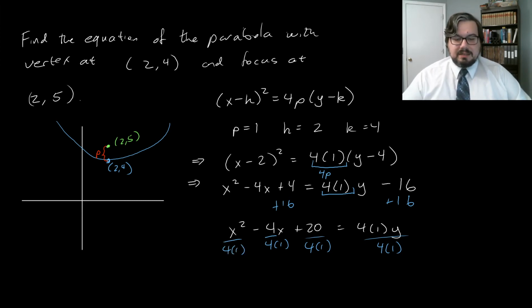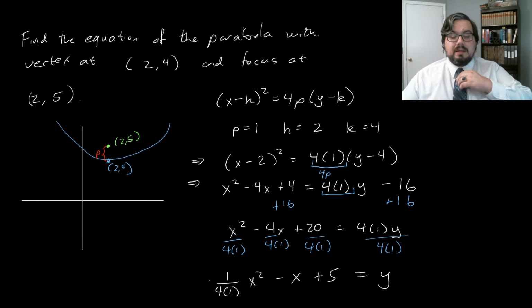And we will get 1 over 4 times 1 times x squared minus, simplifying the rest of it, 4x over 4 is x, 20 over 4 times 1 is 5, and we get an expression like this. y equals something times x squared minus x plus 5, which is typically how we see parabolas being written.